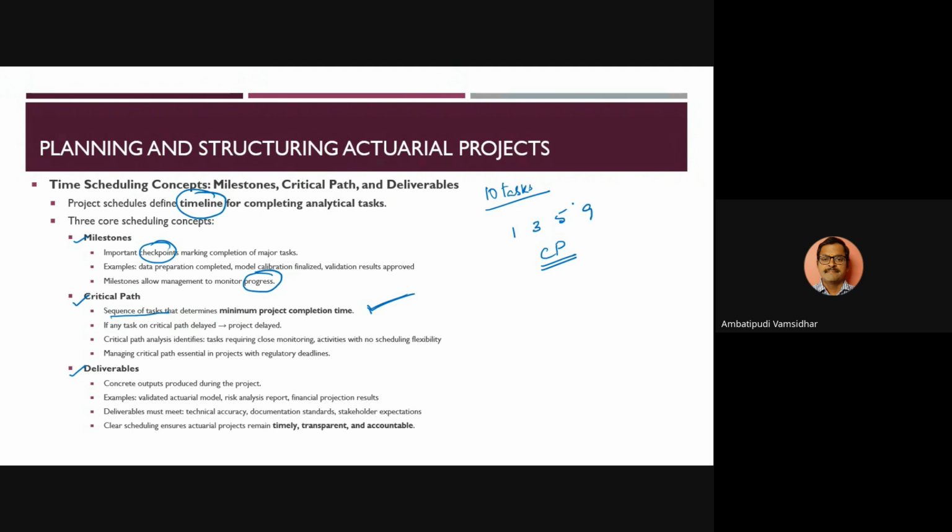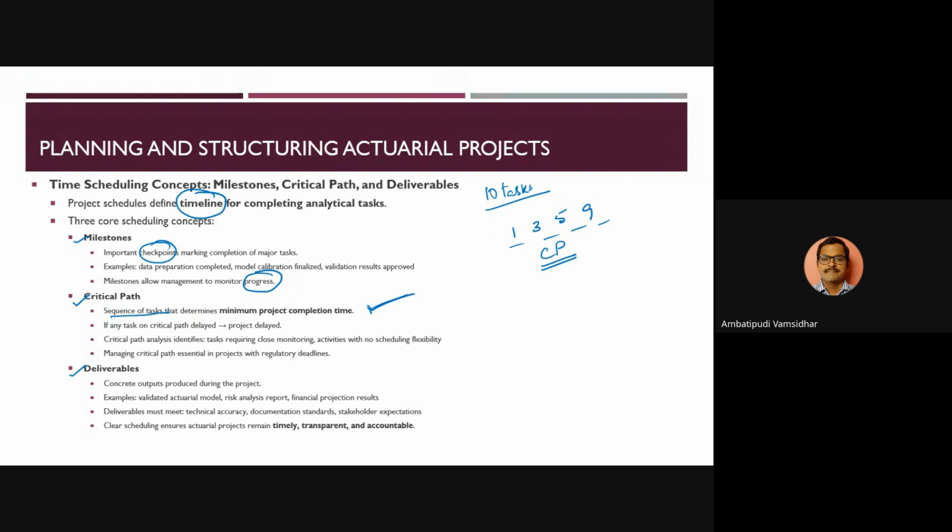If any of these tasks are delayed, the project is delayed, so you should always try to ensure that you don't delay these tasks. It's not that you want to delay the other tasks, but in the other tasks, you still have some level of flexibility. Whereas in these tasks, you may not have that kind of flexibility. It is very much because if these tasks are delayed, it can very well impact your overall timeline of the project as well.